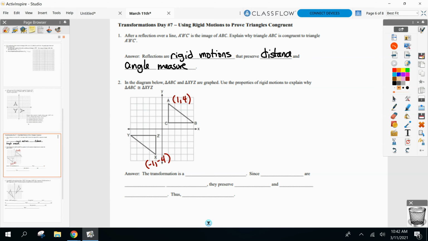So here we go. First thing you tell me is this is a transformation. This transformation is a rotation. Not good enough. Not good enough. If you just put it's a rotation. A rotation of 180 degrees.